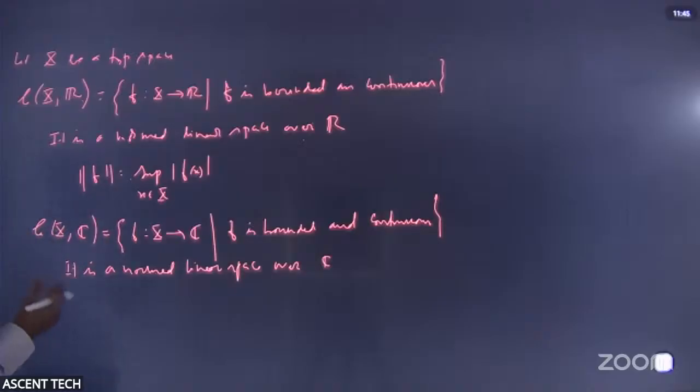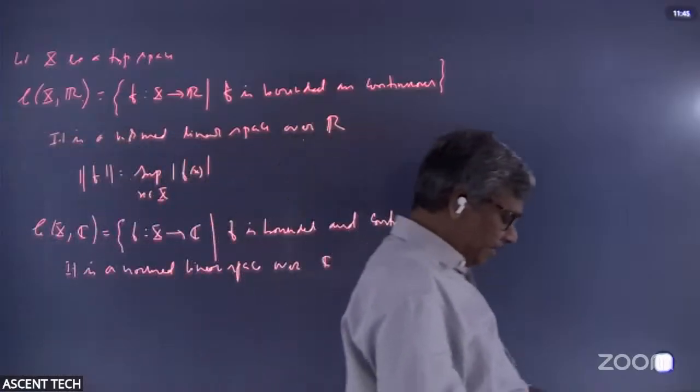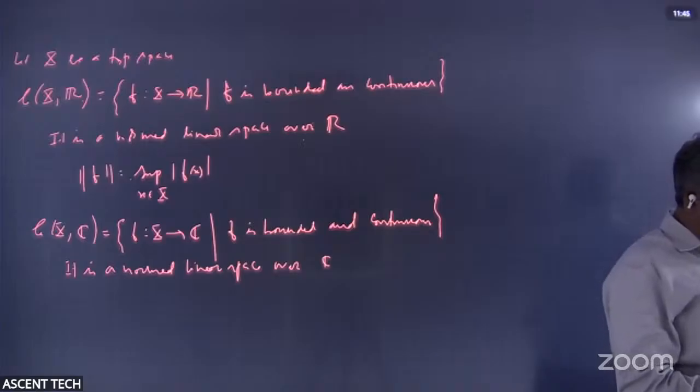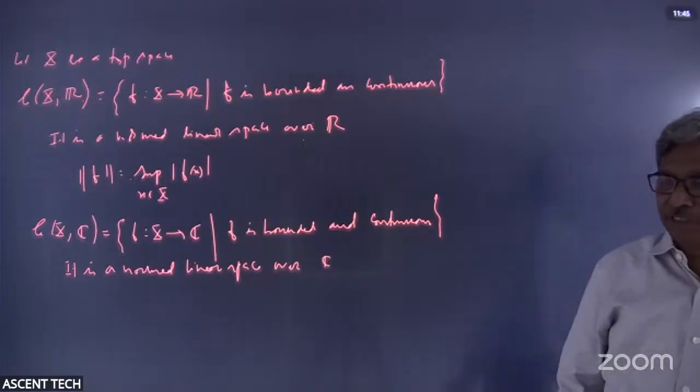Compactness is very much useful. Compactness implies sequential compactness, so I want to know when this space is compact, or sequentially compact. It happens if it satisfies a couple of conditions. So Ascoli says the space C(X,R) is compact if and only if it is bounded and equicontinuous.